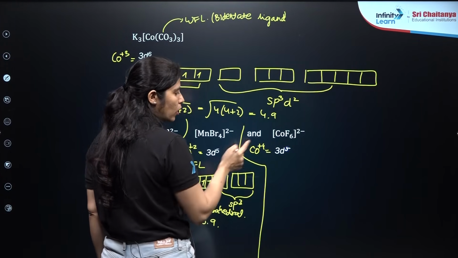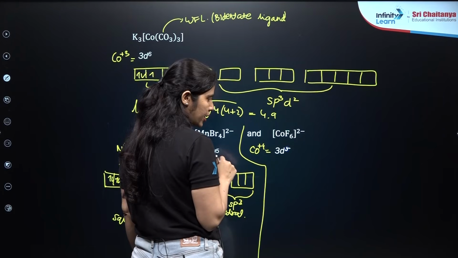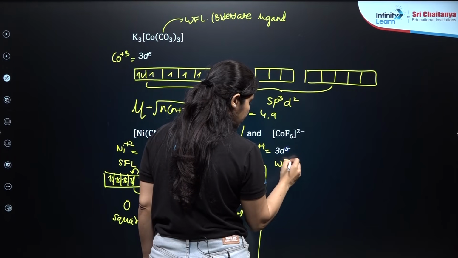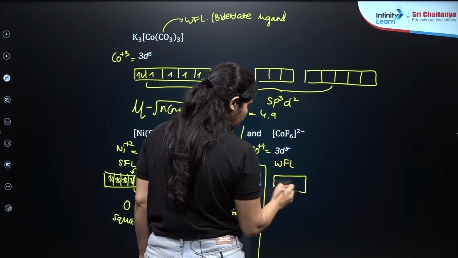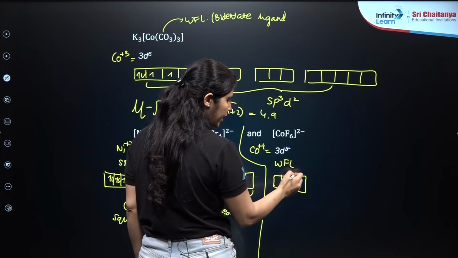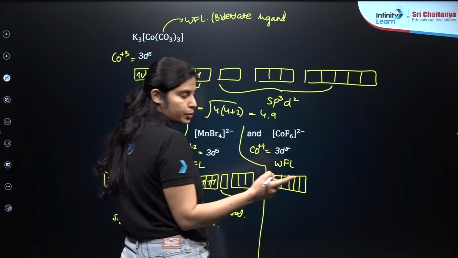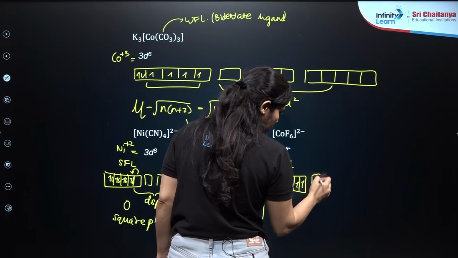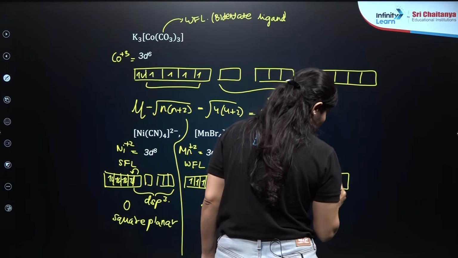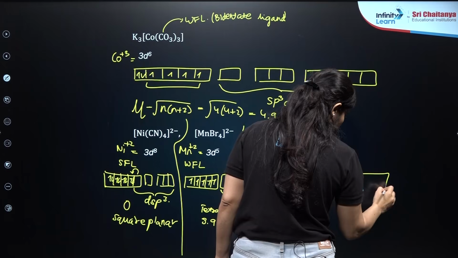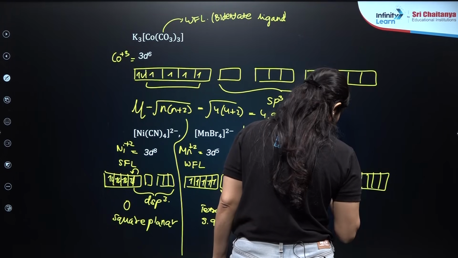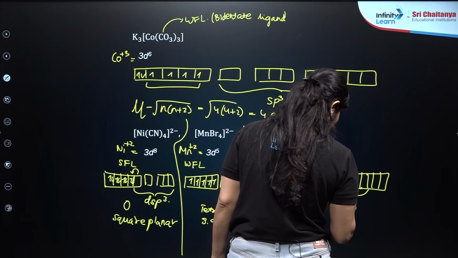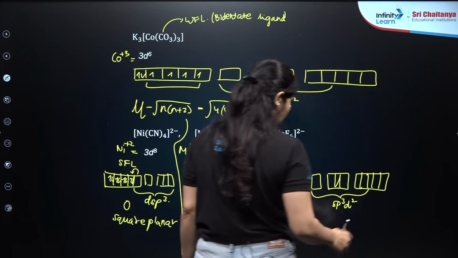In the last one also we have 3d5, and we are also going to have a weak field ligand that has been given to us. But this time they have given us an octahedral species. So 1, 2, 3, 4, 5, s orbital, p orbital, and after that a d orbital, so this is going to be sp3d2.